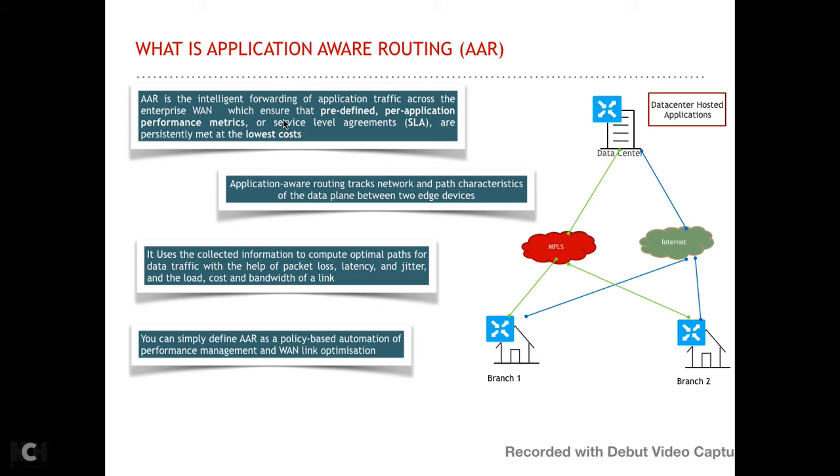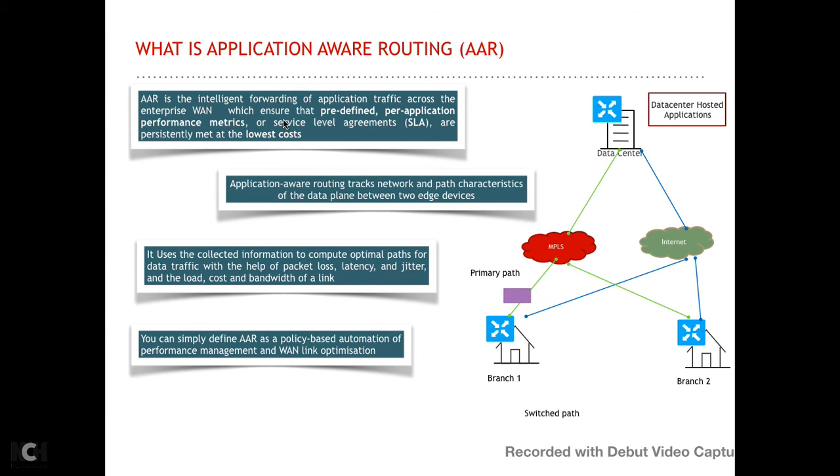So you can simply define it as a policy-based automation of performance management. You understand what the definition is? You are making routing application aware, which means routing is done intelligently based on the application's need. You are maintaining the service level agreement, meaning this particular application is required to be maintained within certain SLAs when it is running on a data path on your network.